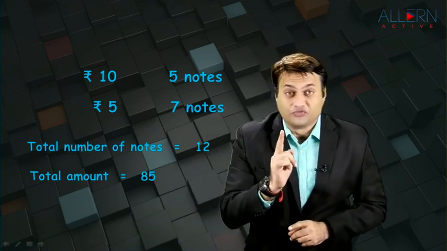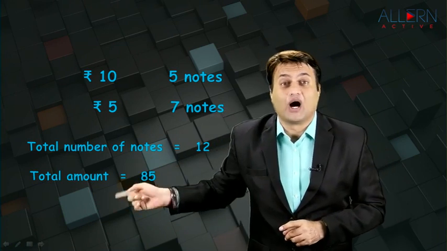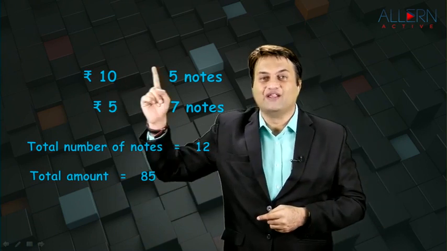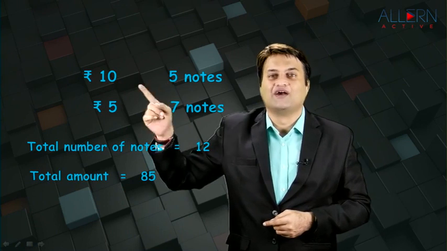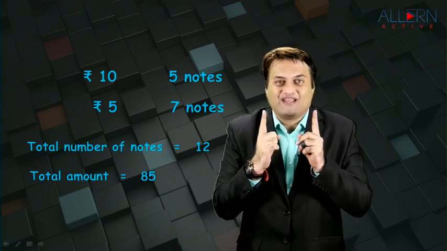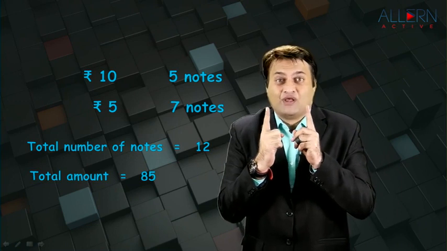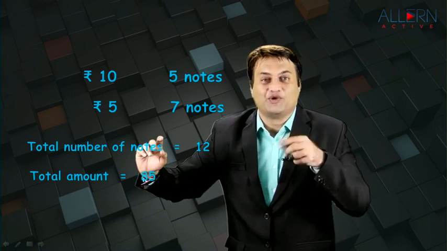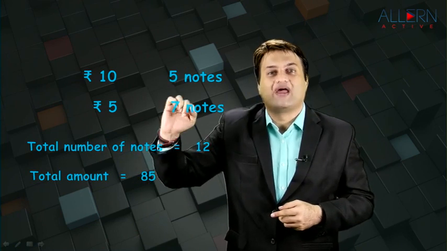So if the condition is with regards to amount, then how will you form the equation? 10 into x, that is 10x, plus 5 into y, that is 5y. So it's 10x plus 5y. If it is about the number of notes, the equation will be x plus y.